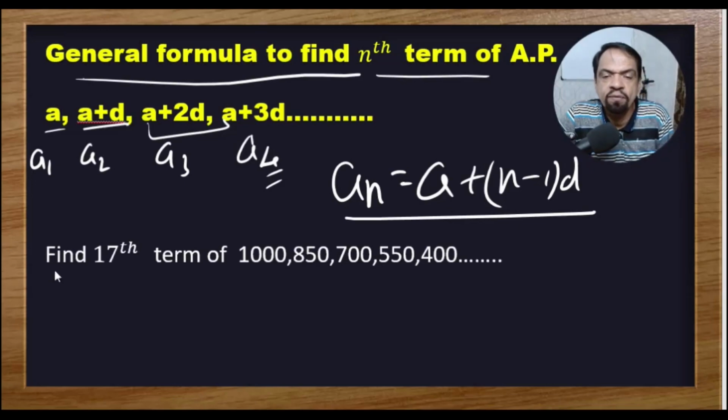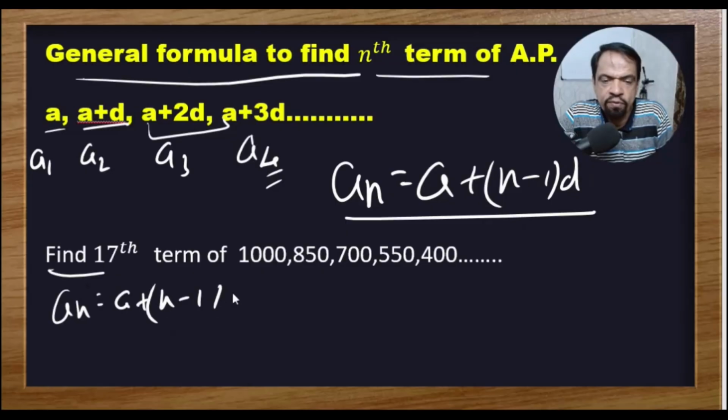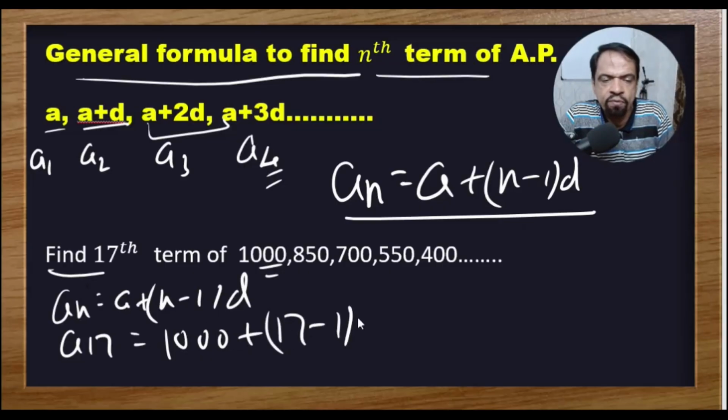Now let us find out the 17th term using this formula. An is equal to A plus (n minus 1) into D. An means A17 is equal to A. First term is 1000, this is A, plus n minus 1 means 17 minus 1, into D. Common difference, we previously took the common difference as minus 150.